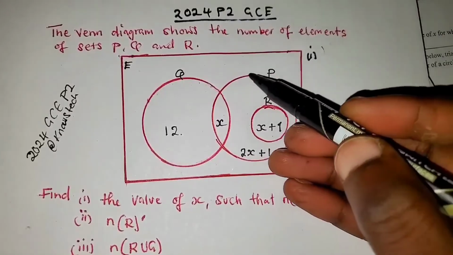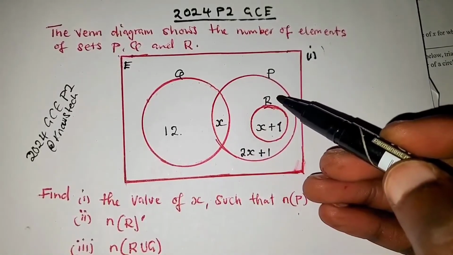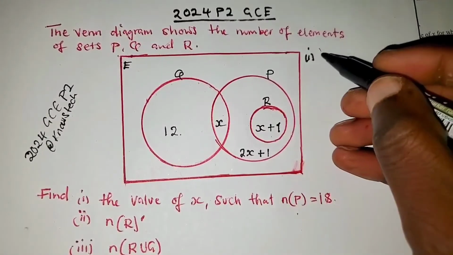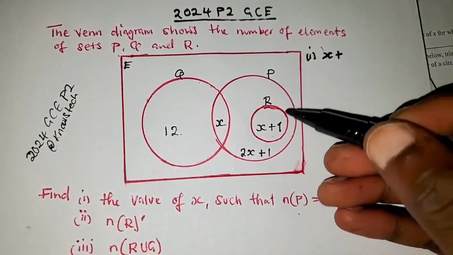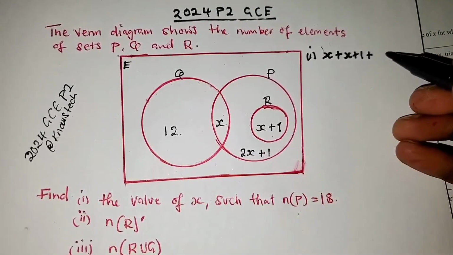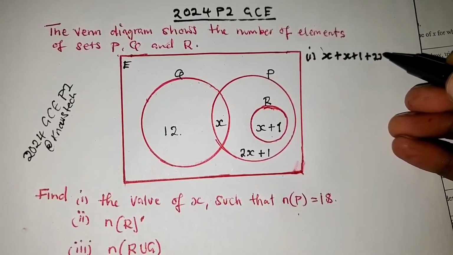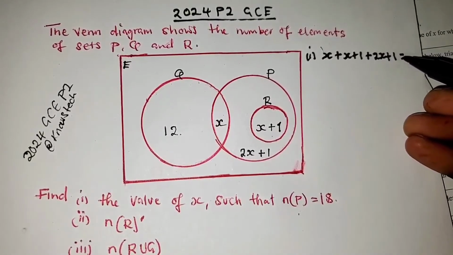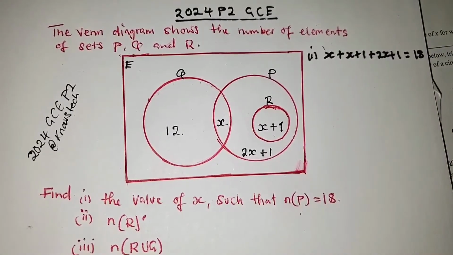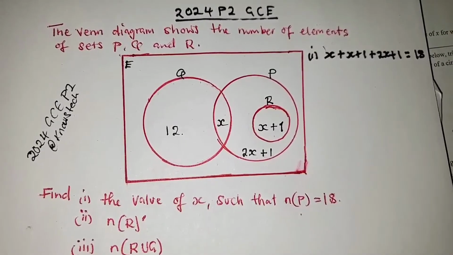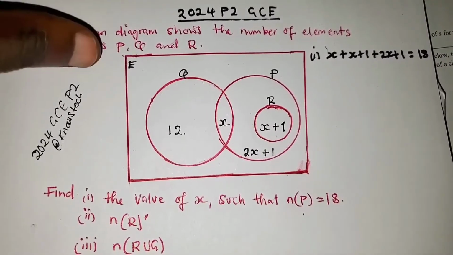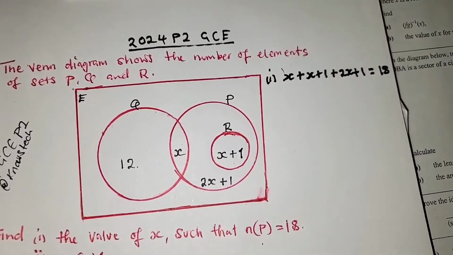For set P, we're going to add everything that is in this set, including set R, since it is in set P. We add x plus x plus 1 plus 2x plus 1, and this is equal to 18.